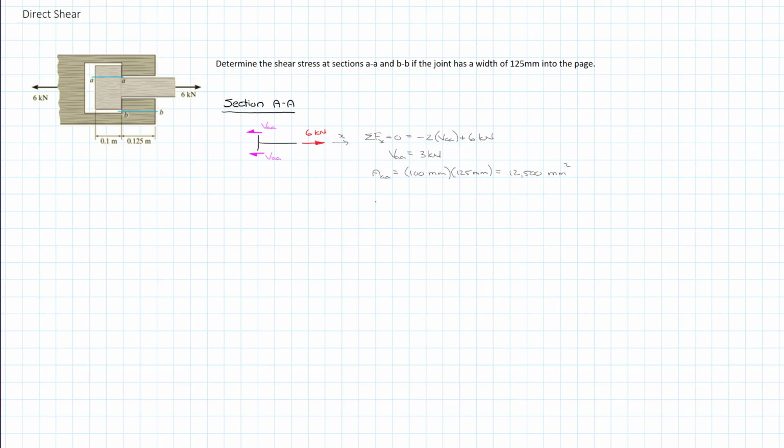And so now we're able to solve for our shear stress on AA, and that's always equal to our shear force, in this case on AA, divided by the area of AA. And so we have 3,000 newtons divided by the area of 12,500 millimeters squared, and we get a shear stress of 0.24 megapascal, so fairly low. So we're happy with that.